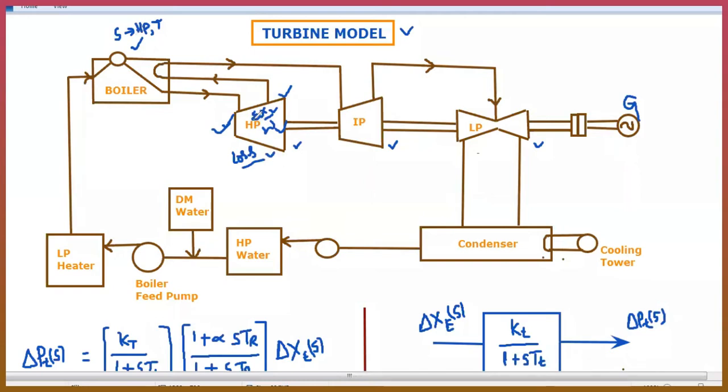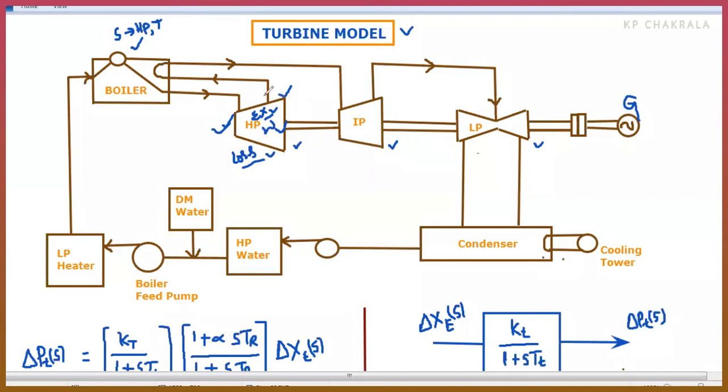If we allow the same steam into the intermediate pressure turbine, it will be converted into water, and the pressure of the steam will not be sufficient to rotate the intermediate pressure turbine. If it is converted into water, that water will damage the turbine blades, and the efficiency of the system will be reduced.